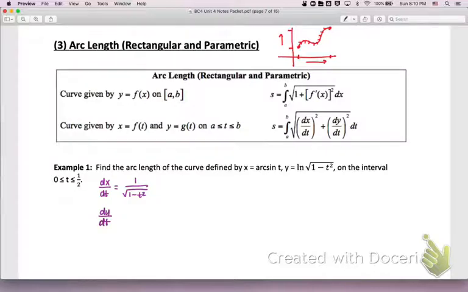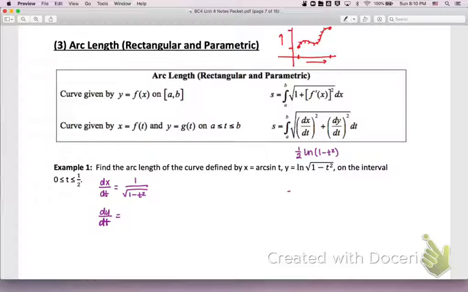Dy dt is going to be equal to, now to take this derivative, I would go ahead and use my log properties here to expand. This is going to be 1/2 the natural log of 1 minus t squared. It just gets rid of that square root and makes our chain rule a little bit nicer.